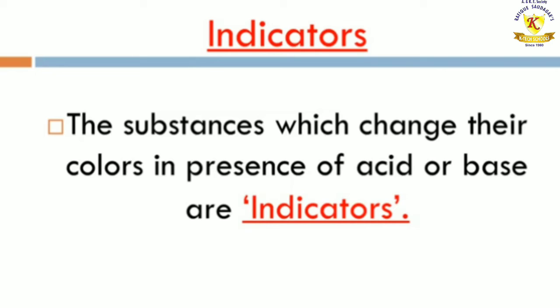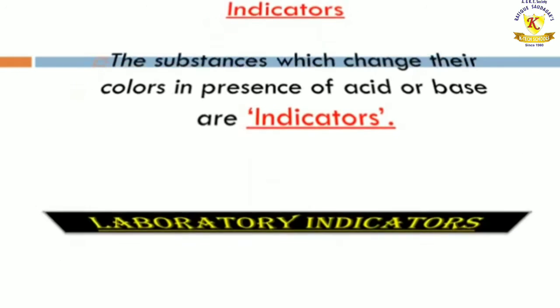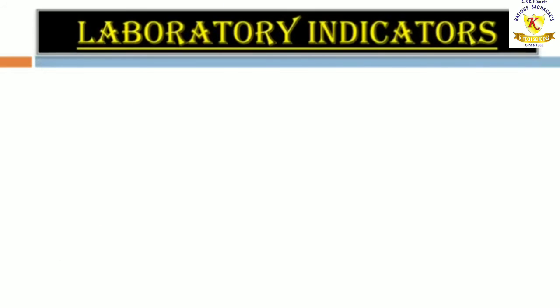So we have some indicators which we can use to find out whether the given solution or substance is acidic in nature or basic in nature. So these indicators are colorless and we can use them to find out the nature of the substance.